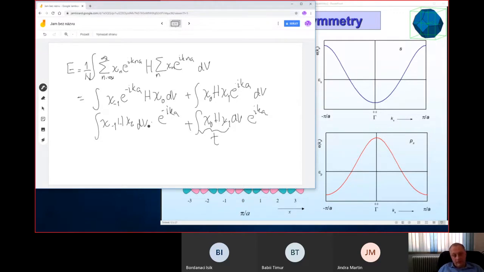So the transfer integral means, sorry, I forgot one term. We still have another integral here, and it is the interaction of a given orbital with itself. So it is chi 0 H and the same orbital.